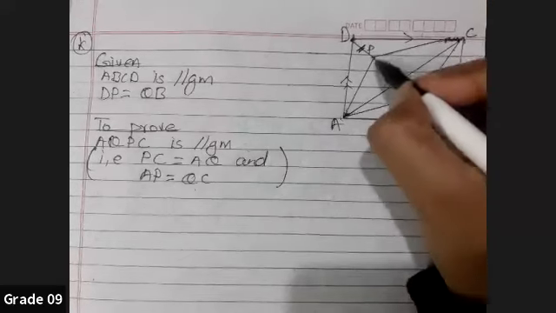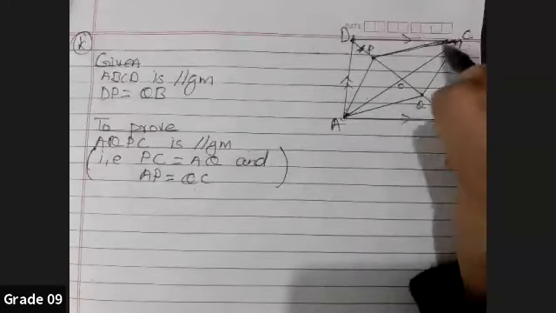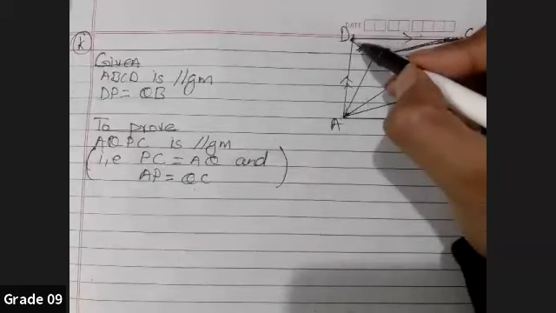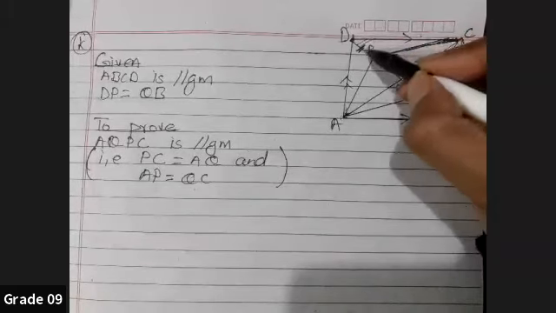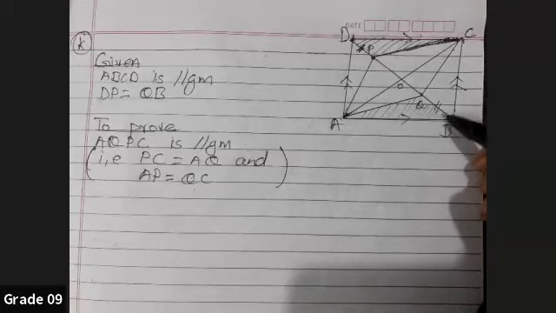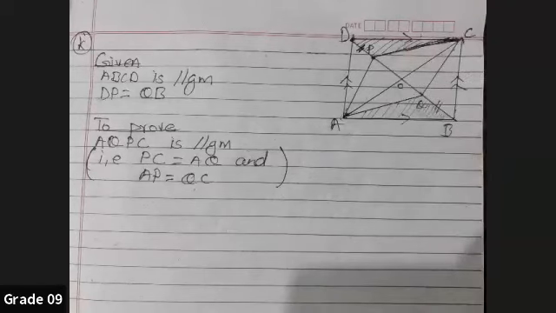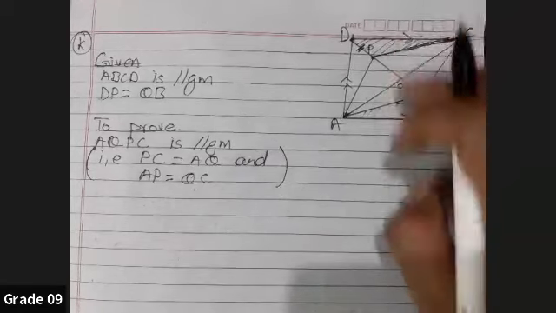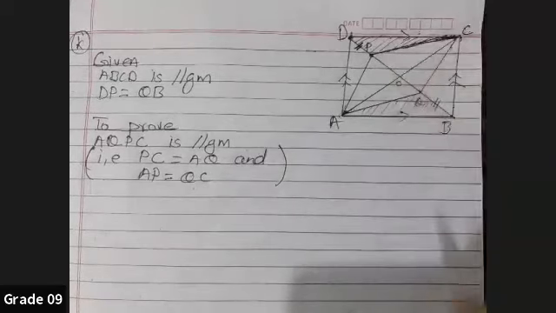For your ease, I'm going to shade these two triangles so that you can focus here. In this question we are going to prove these two triangles congruent. Why?